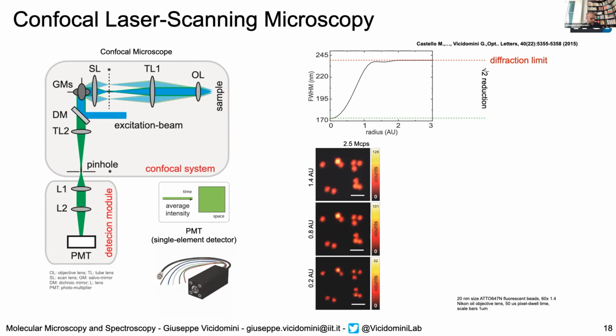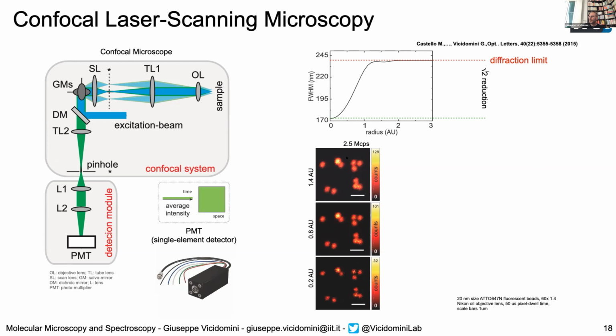I'm happy that Luca Lanzano already introduced the concept of point spread function, so I think you can understand what I'm going to tell you next. As you can see from this graph, when you close the pinhole of your confocal system, your resolution, the full width at half maximum of your point spread function, decreases, down to an improvement of a square root of 2.